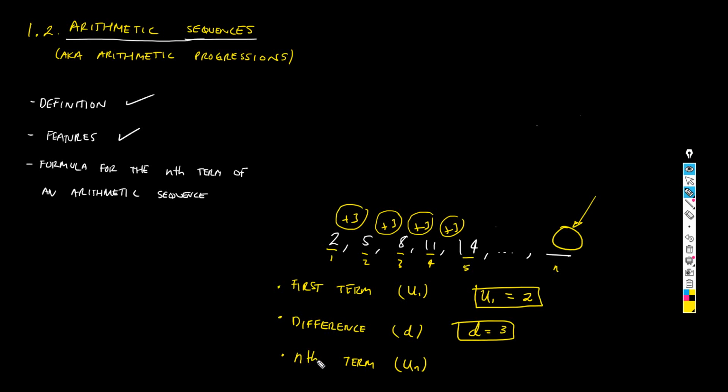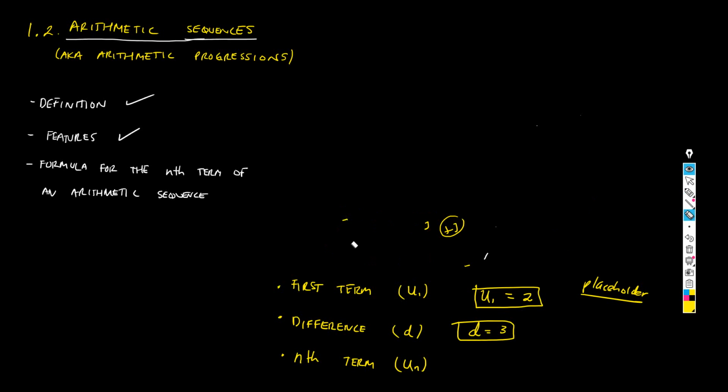That's what the nth term means. In this case, the n acts as a placeholder. It's represented by u sub n, and these are the most important features of any arithmetic sequence. The first term, denoted by u sub 1, the difference, and the nth term.